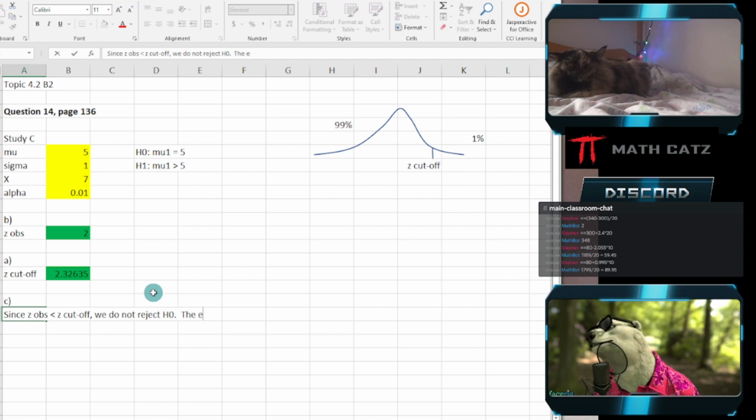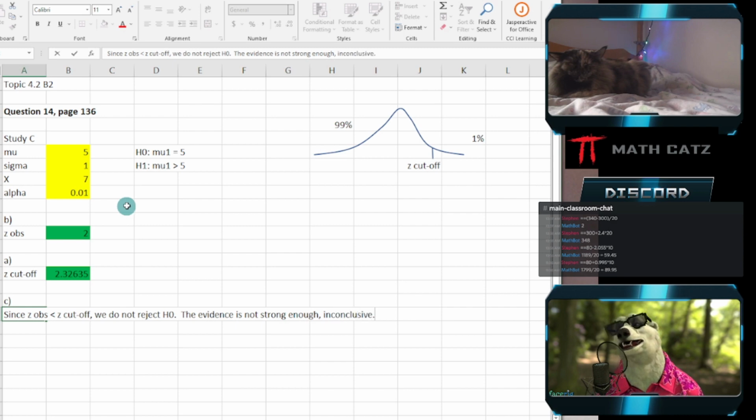And we can say a little bit more. The evidence, which was this raw score of 7, is not strong enough. Or we can say inconclusive. The null hypothesis might be, in fact, false, but the evidence doesn't really suggest that.